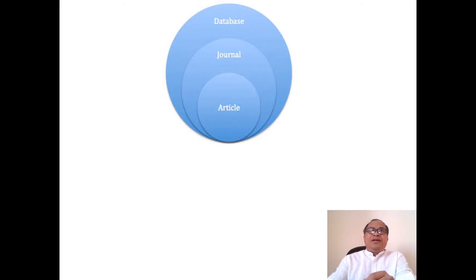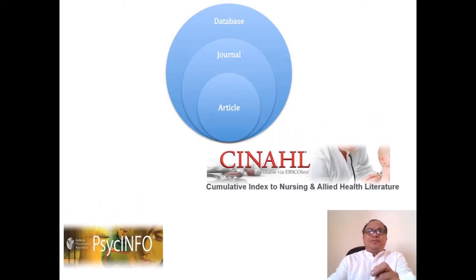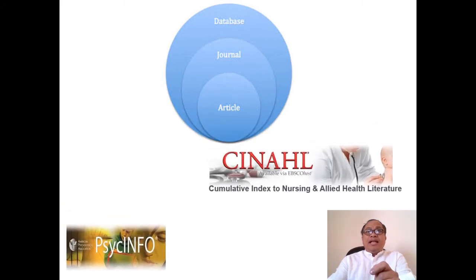These are the databases that are specific to and common among nurses. We have here the CINAHL, or the Cumulative Index to Nursing and Allied Health Literature. As you may look at it, this is specific to nursing.